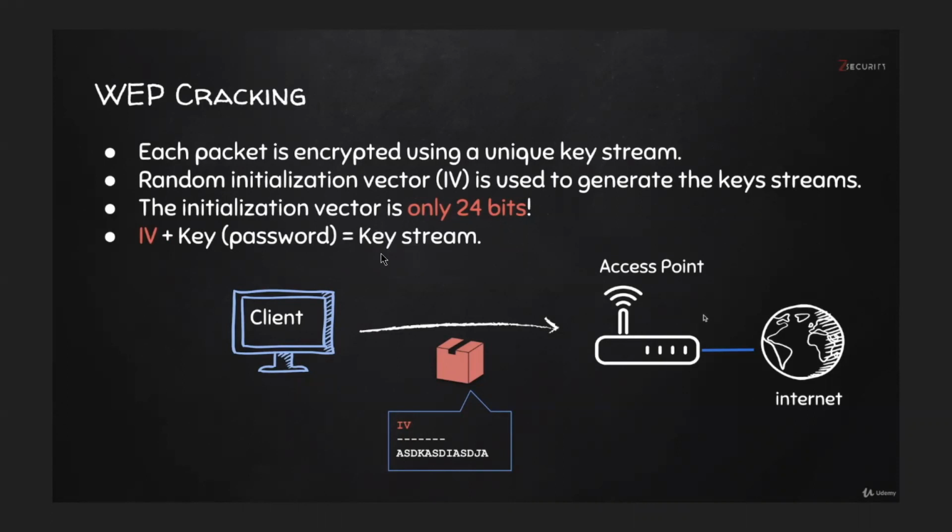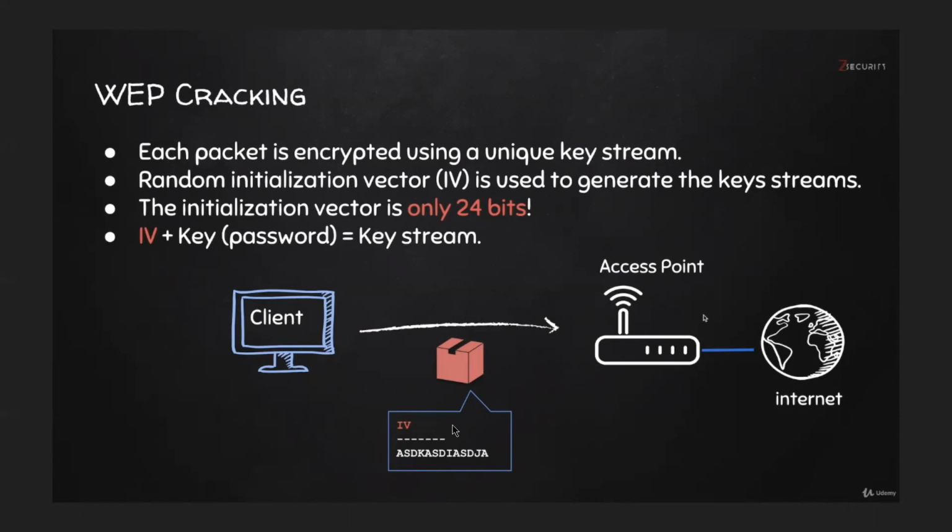So you can see how vulnerable it is. It is just plain text, a combination of IV and the password. And this key stream is attached to the packet data, which we saw earlier is just gibberish and not easy to read. So we're going to see how we can separate this IV from the password.